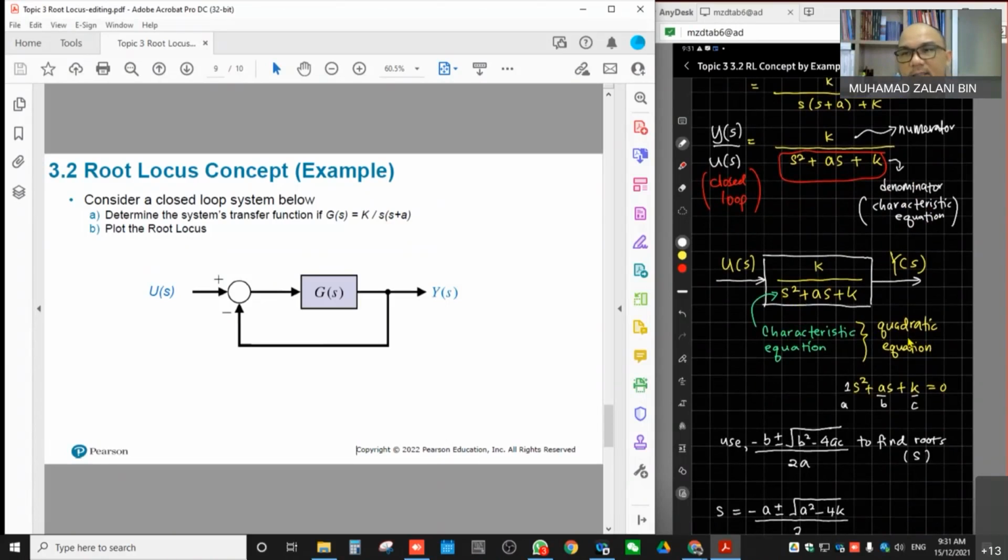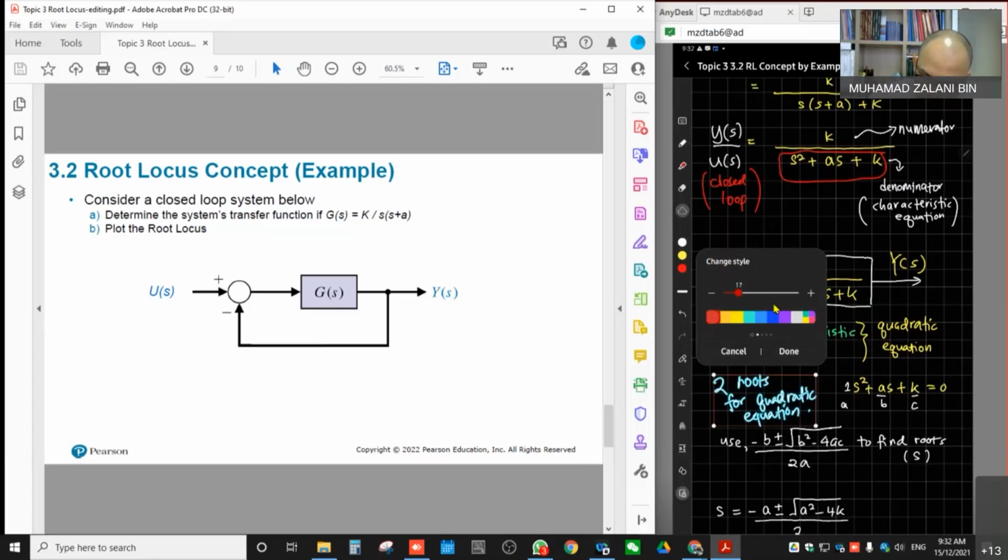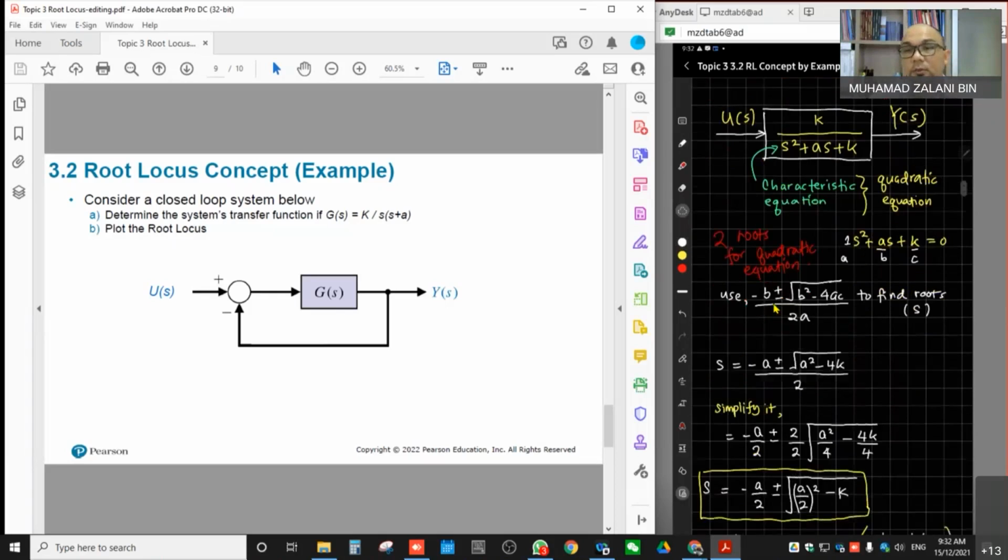For a quadratic equation with s squared, we should expect two roots for this characteristic equation.